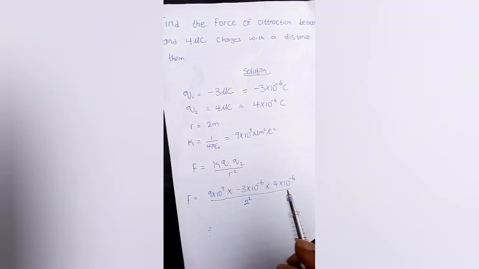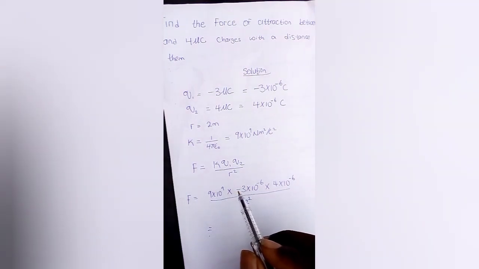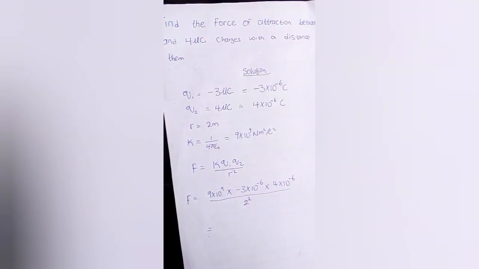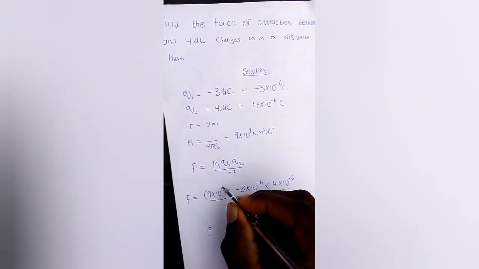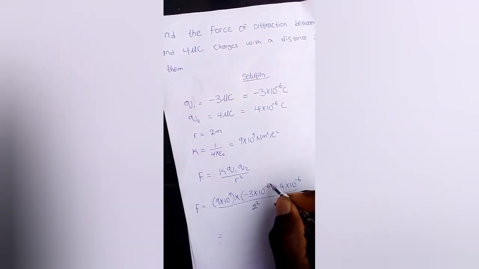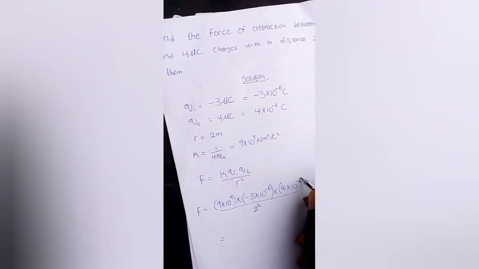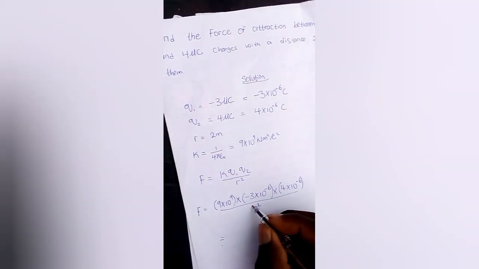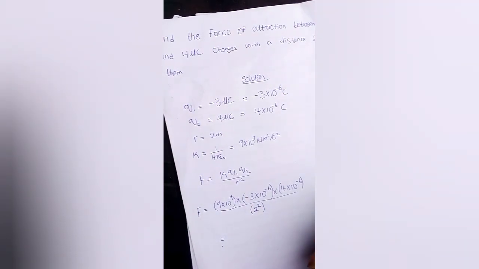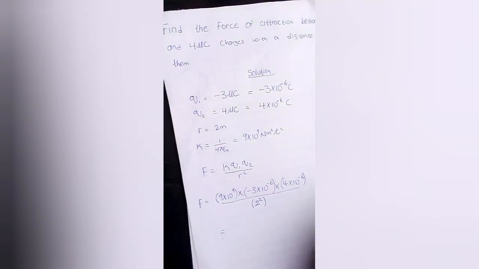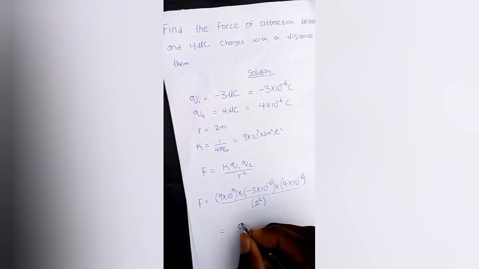When multiplying these powers of 10, if you're punching your calculator, this should be in brackets, this should be in brackets, and this should also be in brackets.